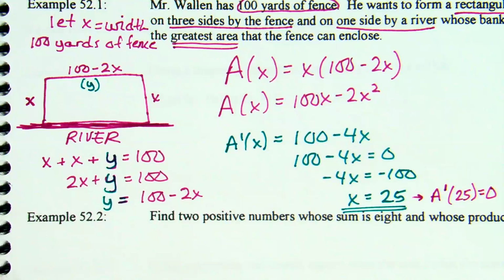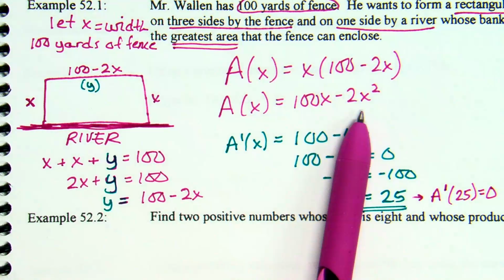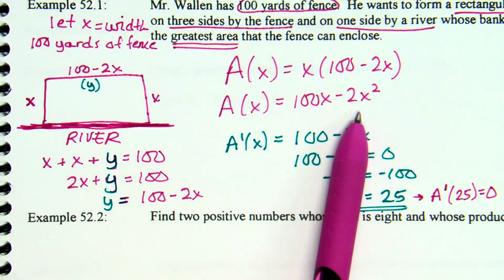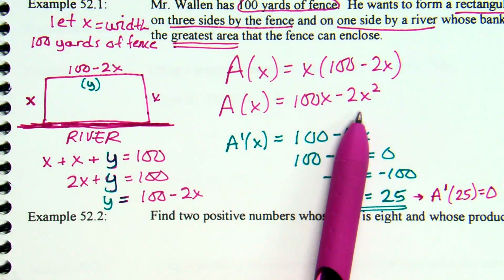Our assumption is it's going to be a maximum because they're asking us to find the greatest area, right? And so we're kind of assuming it's a max. We still have to prove it, but to feel a little more validated, look at your original function. It was 100x minus 2x squared. If 2x squared is my highest power, what's that graph look like? Parabola, but negative 2 makes it upside down. So does that make sense that it has a max?